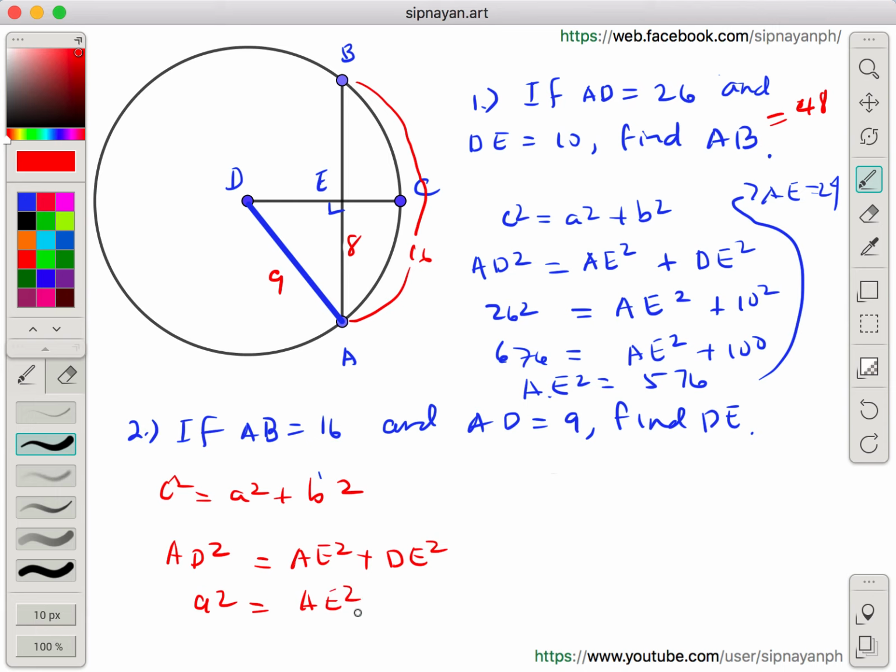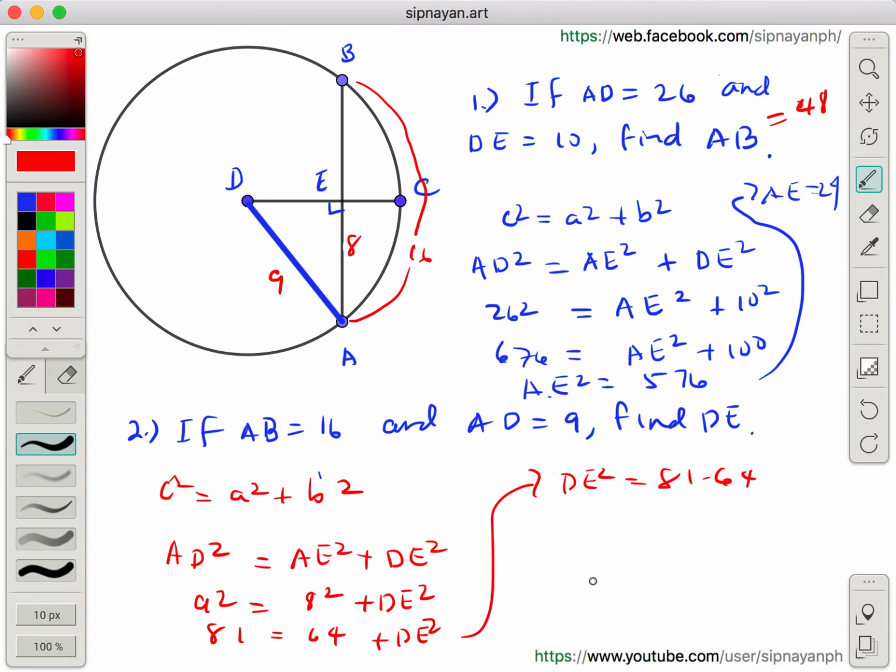Oh, we have an AE here. 8 squared plus DE squared. Meaning 81 equals 64 plus DE squared. So, 81 minus 64 para DE squared na lang matitira. So, DE squared is 81 minus 64. That's 17. DE squared is equal to 17. Tama?